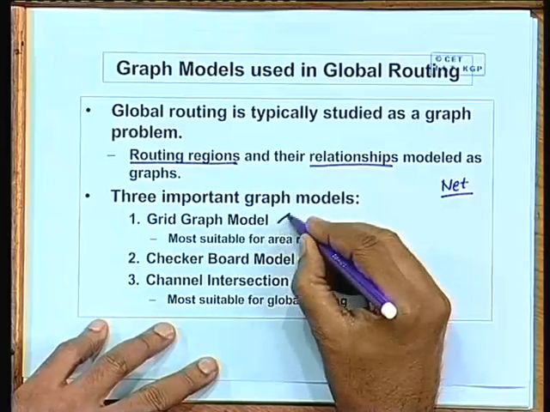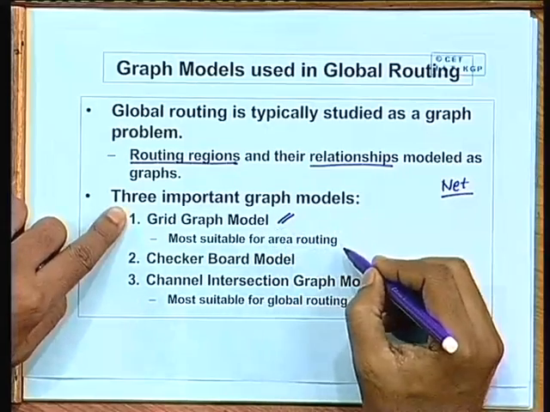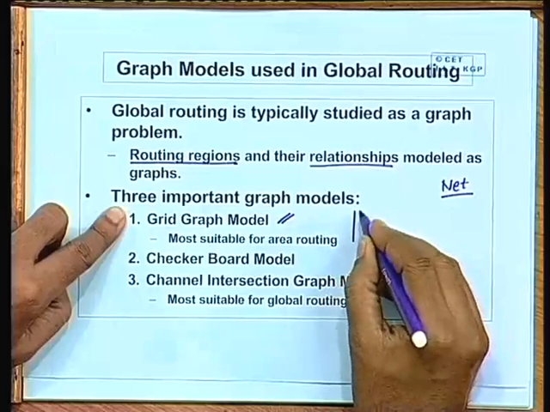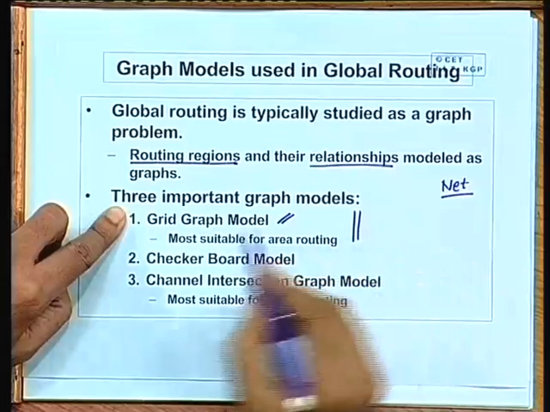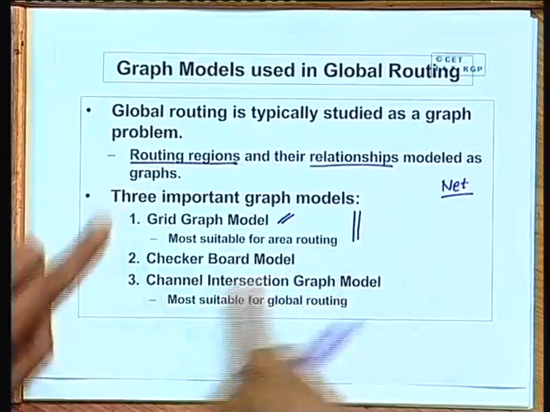One is called the grid graph model. Well, the grid graph model is more suited for grid routing kind of scenarios, where you are modeling the graph with the resolution of those grids, as in the case of Lee's algorithm or Hadlock algorithm. You can say that the grid graph model is just another way of representing that two dimensional grid cell matrix.